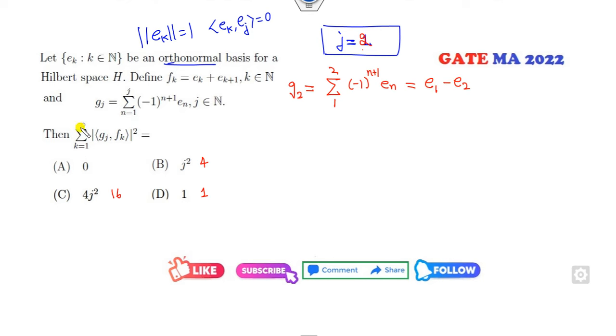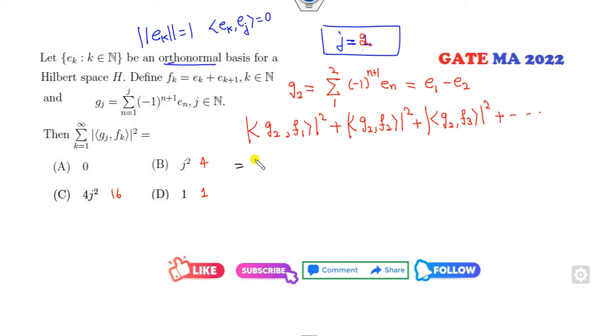Fine. Now if I substitute here, k is 1, so j is 2, so it's g2 comma f1 square plus g2 f2 square plus g2 f3 square and so on. That's over. Now I can substitute this value.